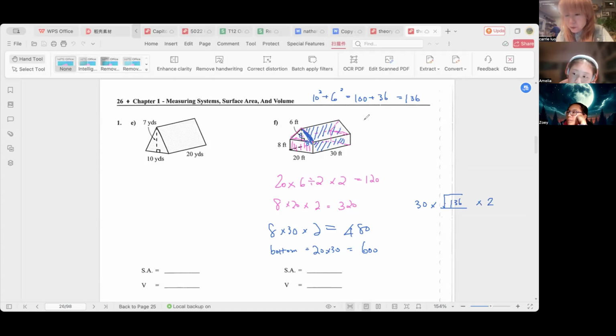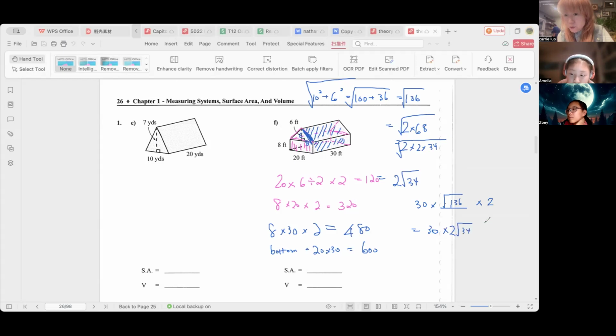Okay, so the very important part is square root 136 equals what? 2 times 68 equals 2 times 2 times 34. Yes. So it's 2 square root 34. So 30 times 2 square root 34 times 2 equals 120 square root 34.